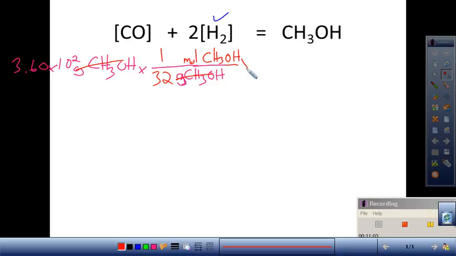I don't want moles of that stuff, so I'm going to get rid of it. And I do want moles of my reactants. I already figured out that one, so now we're doing hydrogen. Now my coefficients in a mole-to-mole ratio come from my equation. I have 1 of these because there's no number, and I have 2 of the H2s.